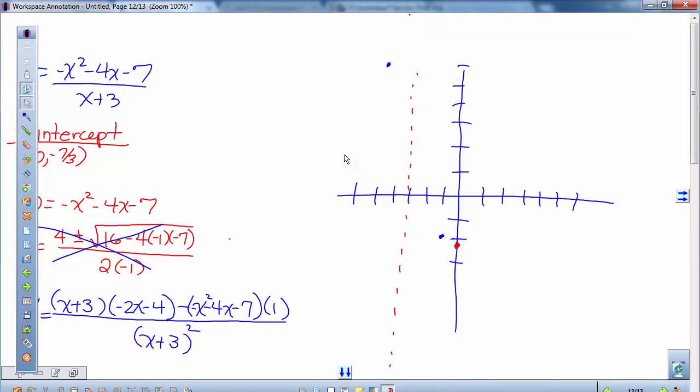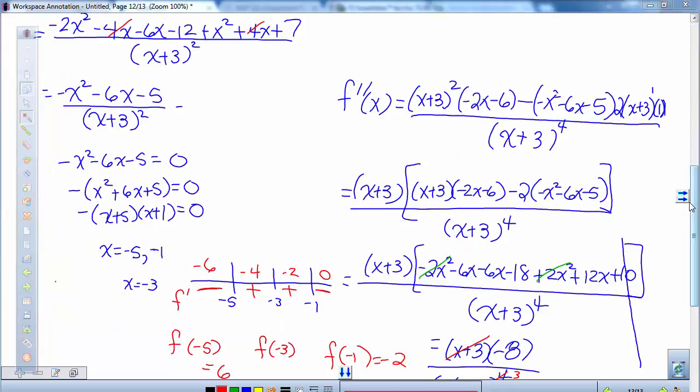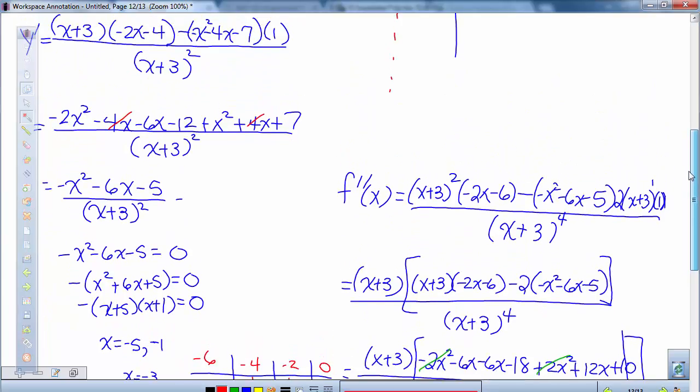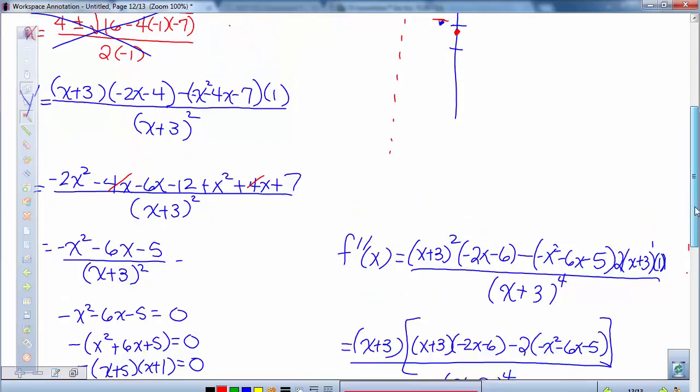That was just a rough thing, but what I do know is that at that point I need to have a slope like this, because it was a critical value. And at negative 1, this was our other one. And negative 3 was just our asymptote.